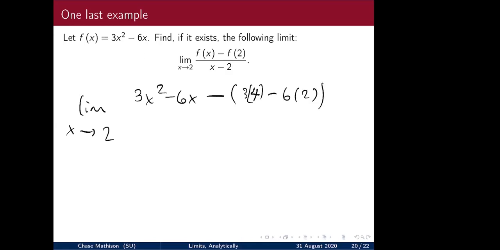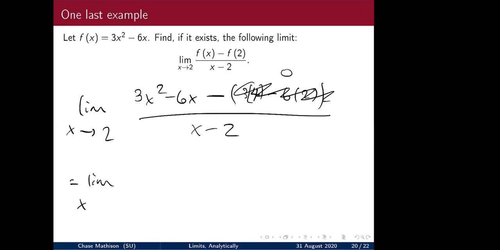And so that's going to give me 0, right? 12 minus 12 is 0. So that's just going to go away, 0 over x minus 2. All right, so if I rewrite this a little bit, this is the limit as x approaches 2 of 3x squared minus 6x, this over x minus 2.